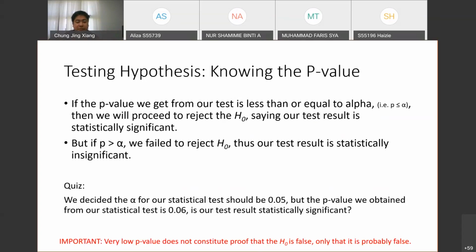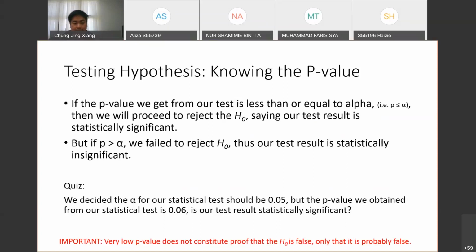So I see 0.055, I think my work or my statistical test can tolerate error, maybe 10%. 10% wrong is still okay. So I will accept it.